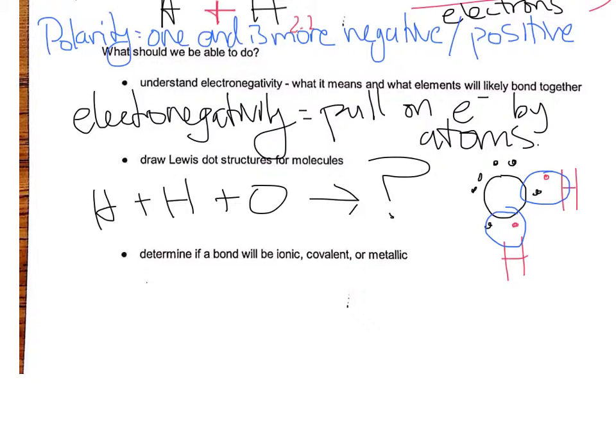These two are shared, so 2 electrons make a bond. And we would have 2 lone pairs and 2 bonds, and it would look like this. So the oxygen's happy. It feels like it has 1, 2, 3, 4, 5, 6, 7, 8 electrons around it, which is what it wants.